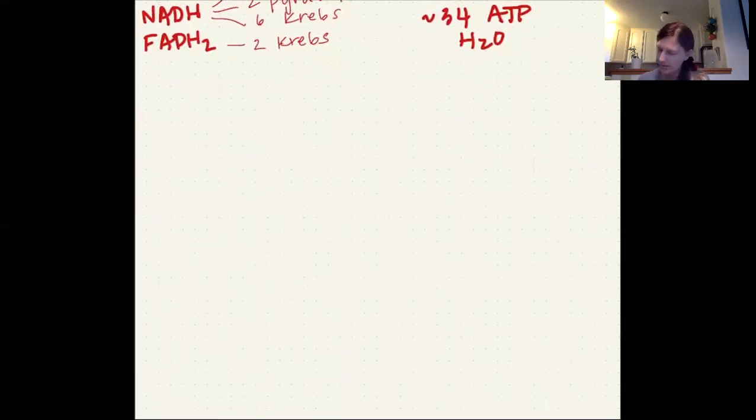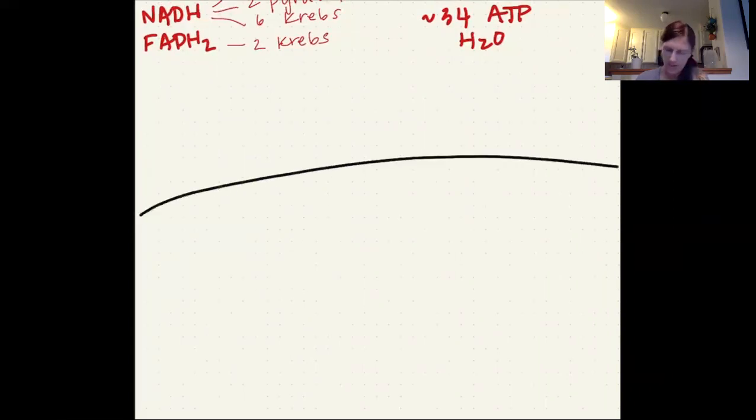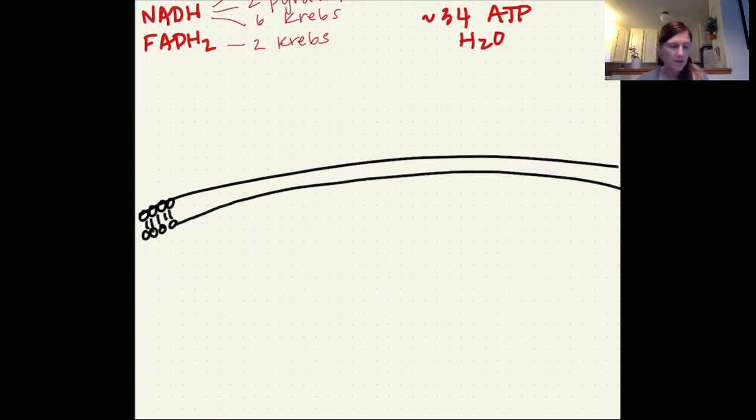Okay, so I'm going to try to figure out how I want to draw this out. I'm going to draw a kind of plasma membrane here, and I just want you to remember that when I draw a plasma membrane, it's really a lipid bilayer, right? So we're going to have a membrane there. And this is going to be the cristae folds, right? I'm going to have the matrix up here, and the intermembrane space here.